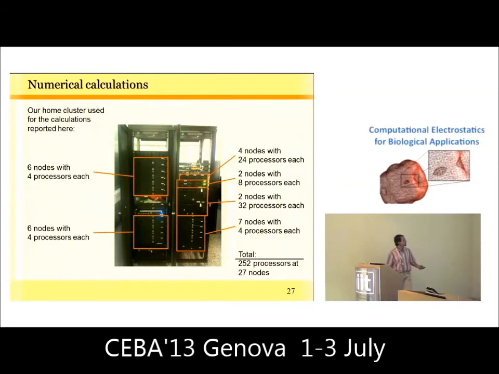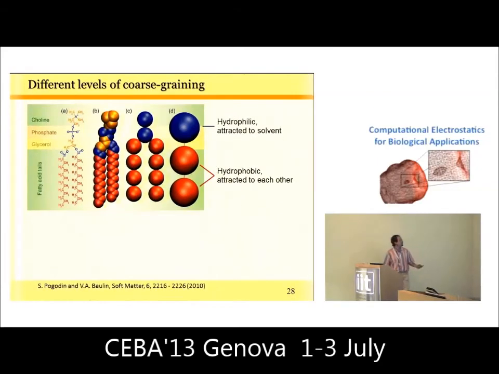So we have a cluster, which has in particular 32-processor machines, and this method is perfectly scalable, because you basically don't have correlations between the molecules. We applied it to model a phospholipid molecule with 3 levels of coarse graining: the most coarse-grained is a 3-bit model, then a 10-bit model, and this is a 44-bit model.